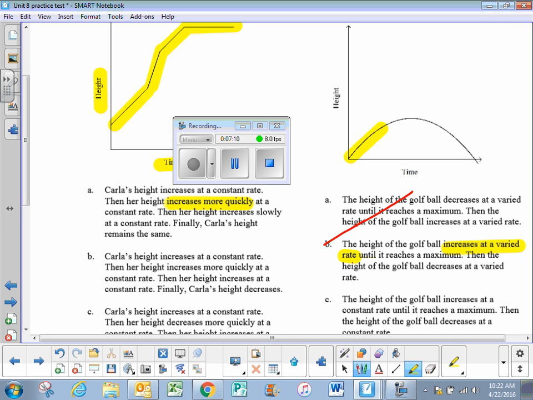It looks like this is a parabola, actually. It's a pattern, but it's varied. It's not constant, like Carson said. Until it reaches a maximum. Where's my maximum? In the middle. Right. The top, the peak. Good. And then the height of the golf ball decreases at a varied rate. So it's definitely B.